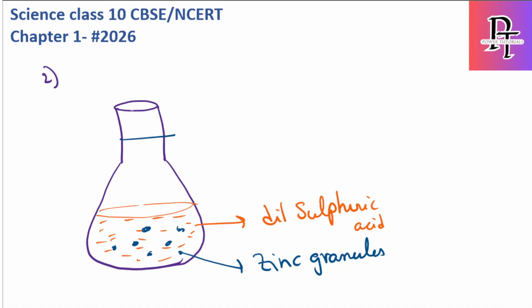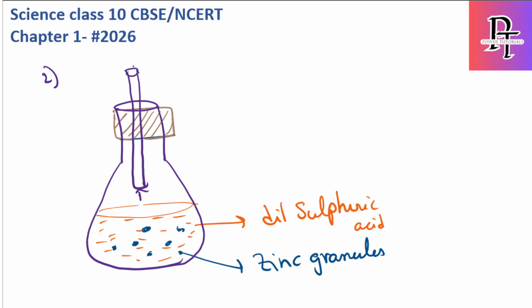I will close this with a rubber cork. Why am I closing this? Because if I mix these two, a gas will be evolved. To capture this gas, I have closed it with a rubber cork and kept a small pipe so that the gas being released comes out through this pipe.